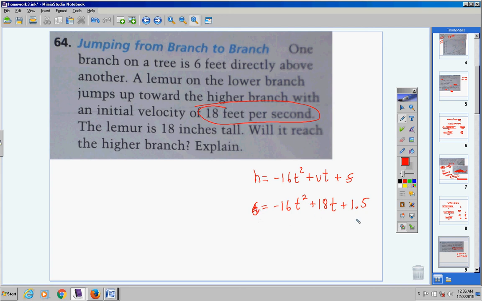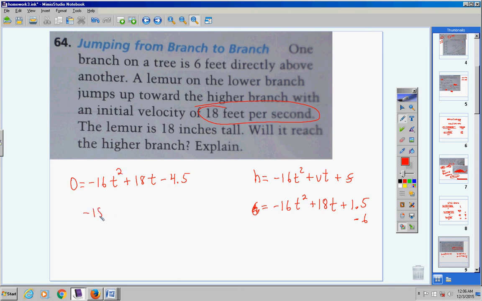Let's bring this 6 over and make it a negative 6. So we have 0 equals negative 16t squared plus 18t minus 4.5. Alright, that should be t squared.